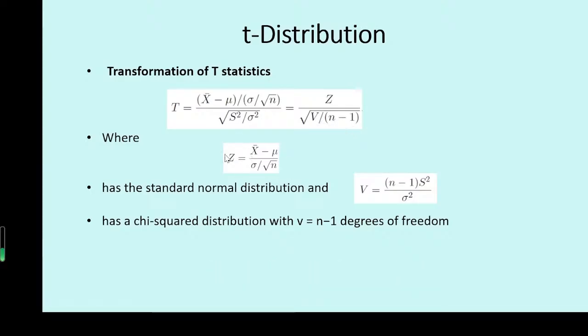Here z is the same standard normal statistic as shown on the first page, and v equals n minus 1 times s squared divided by sigma squared. Sigma squared is unknown here, but this term has a chi-square distribution with n minus 1 degrees of freedom.